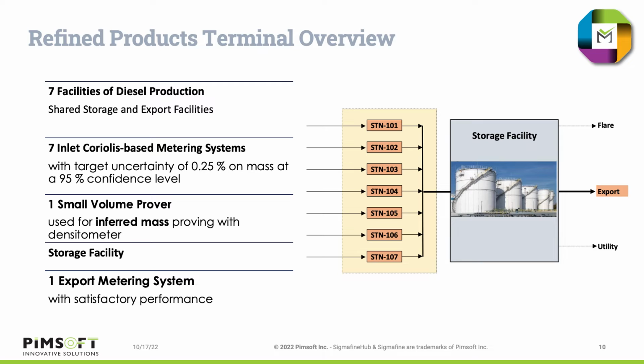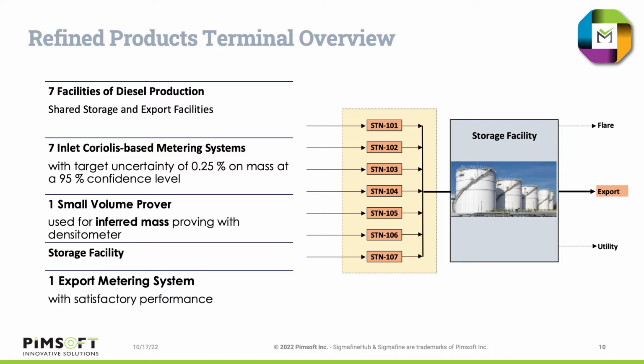In inferred mass proving, the volume of the prover is multiplied by the flowing density from the online densiometer to calculate the prover mass, which is then compared against the Coriolis mass reading to calculate the meter factor, or in other words, the correction factor.